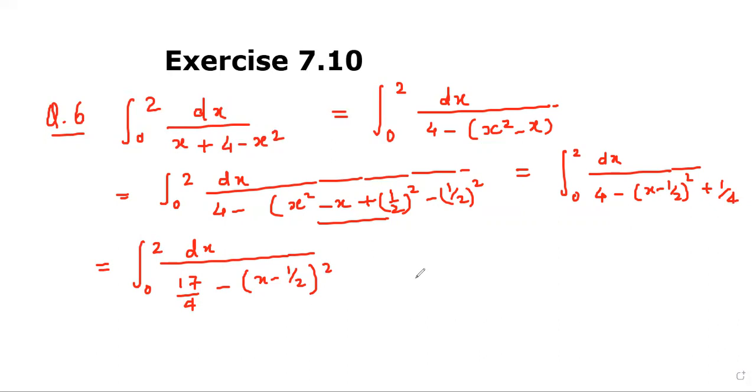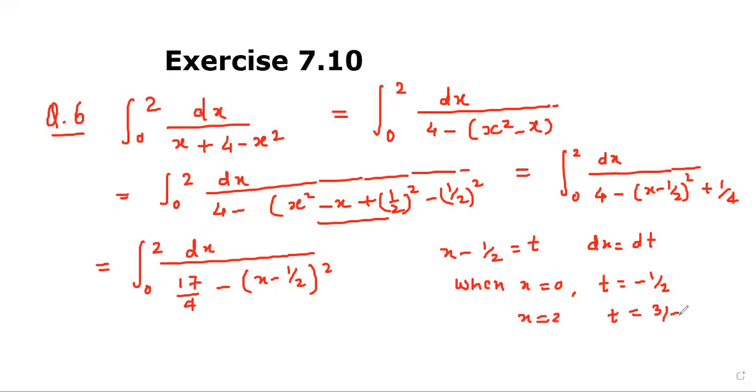Now let's assume x minus half equal to t, dx equal to dt, and then we change the limits. When x equal to 0, t will be minus half. When x equal to 2, then t will be 3 by 2.